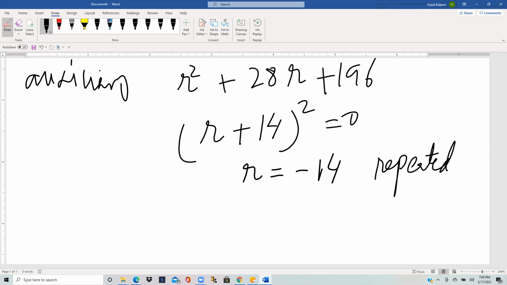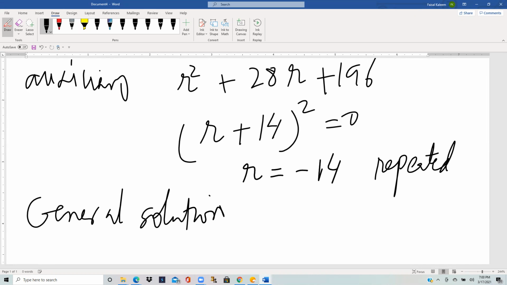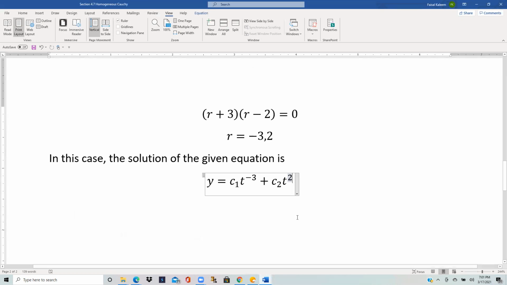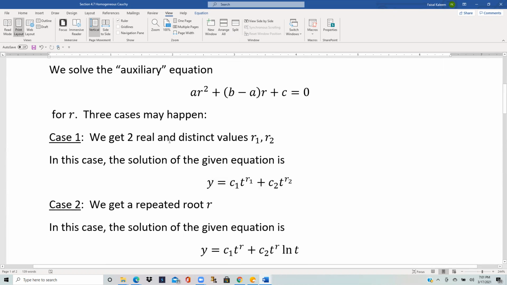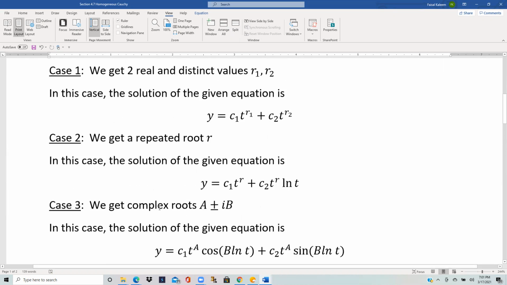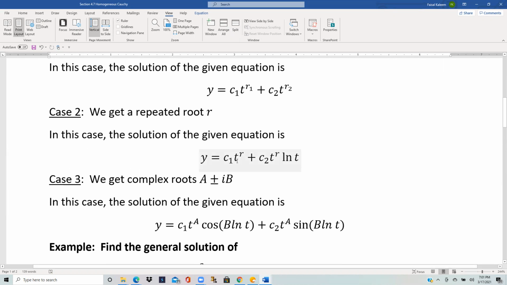And therefore, it's that second case. So the general solution is y equal to, so let's just recall what it was in case of repeated roots. In case of a repeated real root, it was y = c1 t^r + c2 t^r ln t.